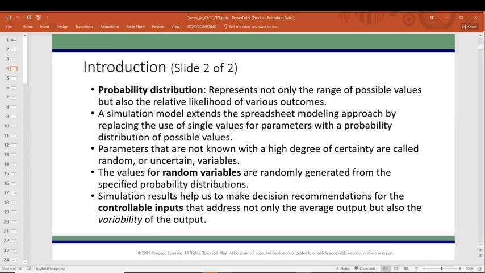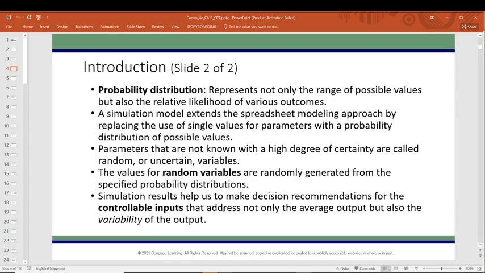So to evaluate a decision with a Monte Carlo simulation, an analyst identifies parameters that are not known with a high degree of certainty and treats these parameters as random or uncertain variables. The values of random variables are randomly generated from the specified probability distributions.